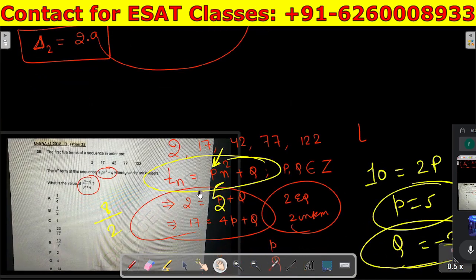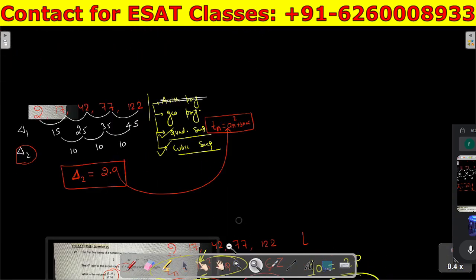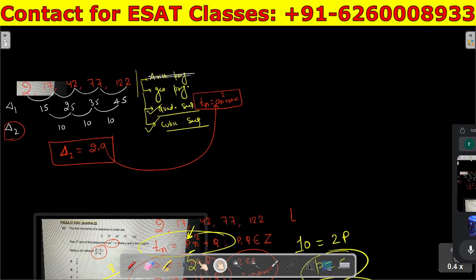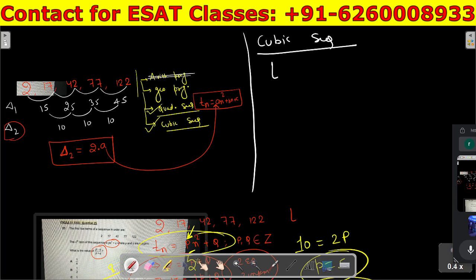Is it okay? Any doubt? Now, similarly, I want to give you one more result. These are all detailed discussions, but in a quick manner we can have the result directly. When we talk about a cubic sequence, the general term should be a cubic function in terms of n, so it should be an cube plus bn square plus cn plus d.